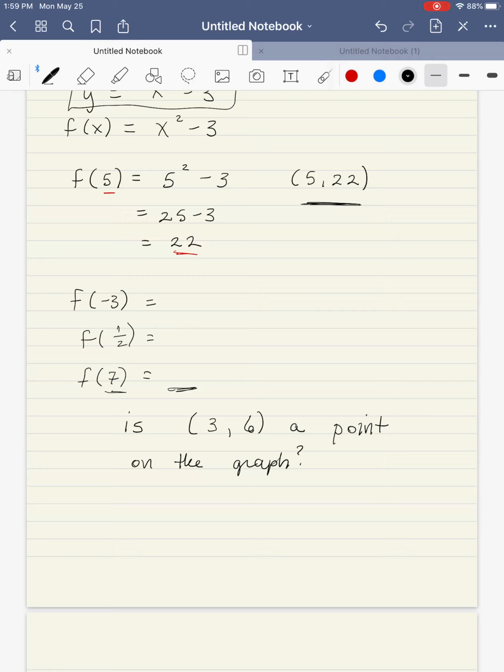What you would be doing is saying, is the point (3, 6) a solution of this function? Does it make it a true statement? The 6 is the f of x, the y. The 3 is the x.